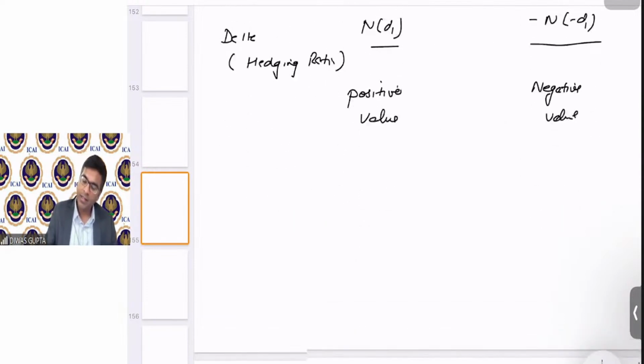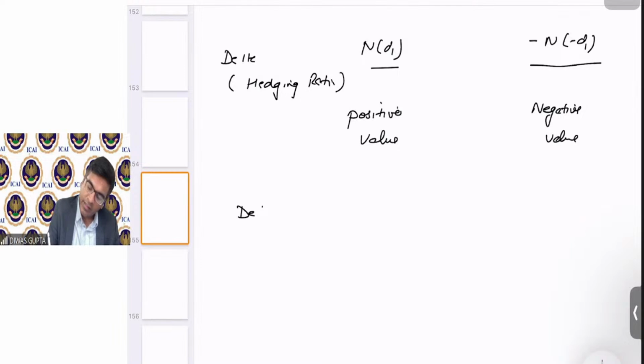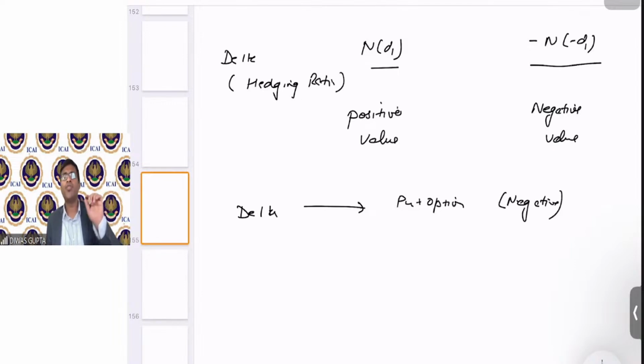So students, as we discussed, the delta of put option is negative, correct? Because for every increase in spot price, the value of put option will decrease. I hope you're agreeing with me.